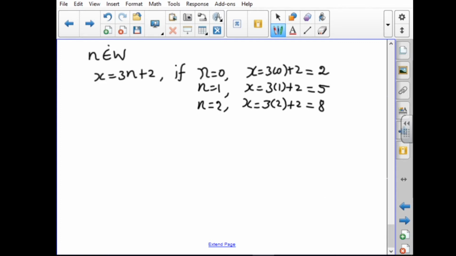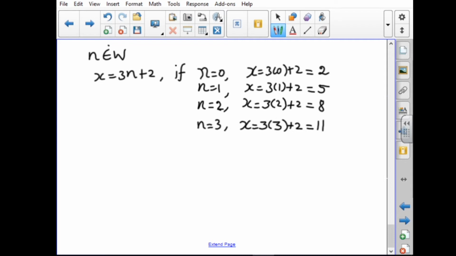Then if n is equal to 3, x is equal to 3 into 3 plus 2, 3 3s are 9, 9 plus 2, 11.